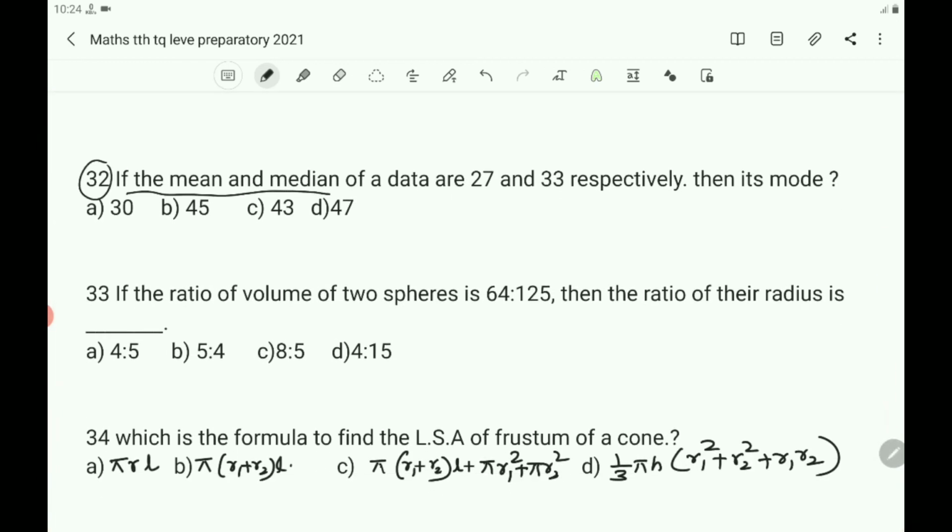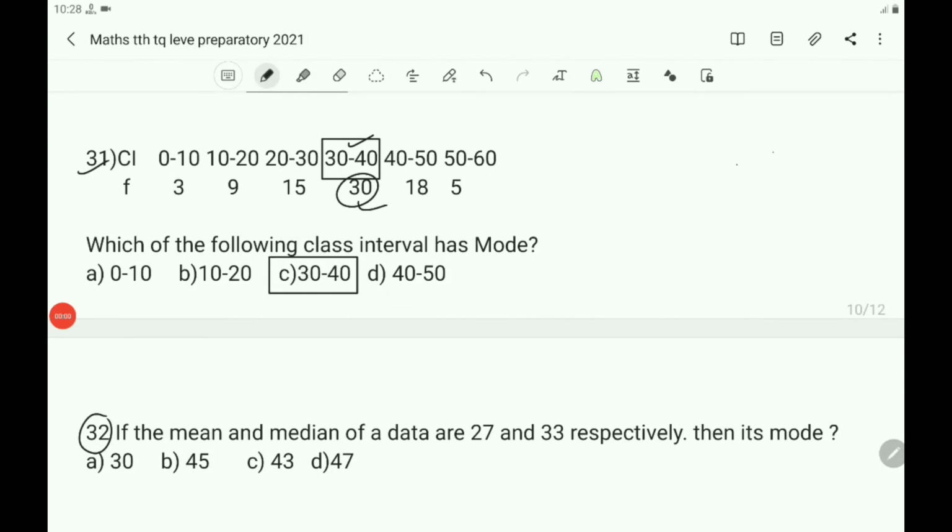Then you take question number 32. If the mean and median of data are 27 and 33 respectively, then find its mode. Here you must use the empirical relation among mean, median and mode. The relation is 3 median equals mode plus 2 mean. Then you can transfer the 2 mean to the LHS.